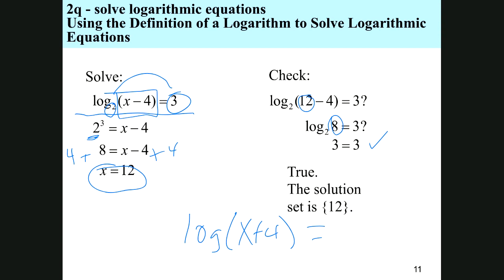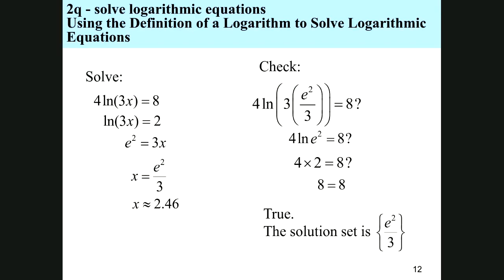Well, just because x equals -3 does not mean that x is not valid just because it's negative. Because if I put -3 right here in for x, that would just be the log of +1, and that's fine. So it's not the fact that x is negative, it's the fact that when you plug it in, it makes whatever's inside the logarithm negative. That's what makes it an invalid solution.